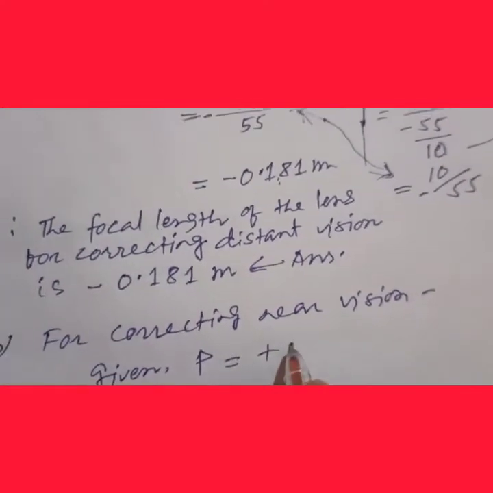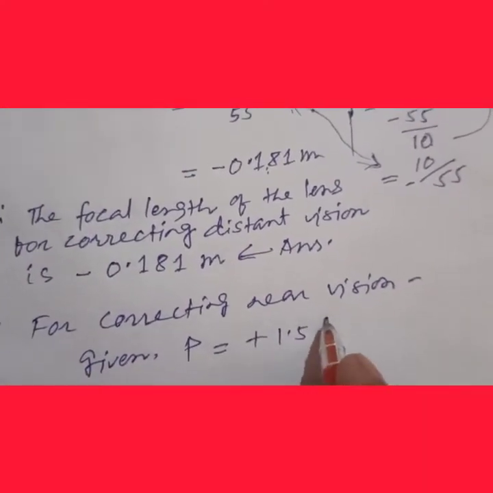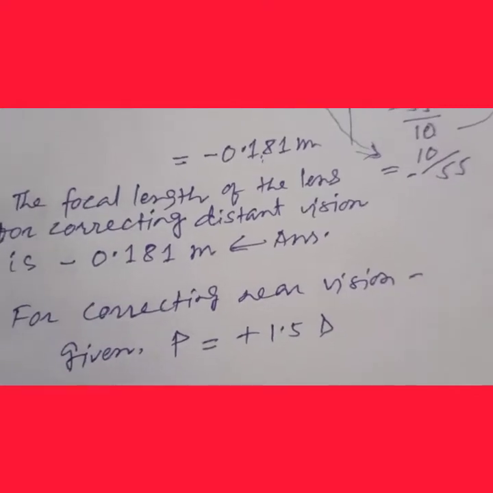So you have to write P equal to plus 1.5 diopter. Diopter you can write as D also.